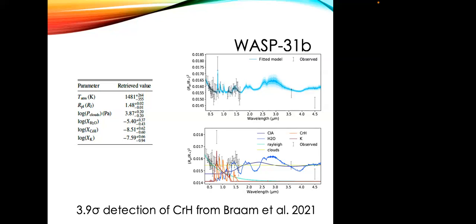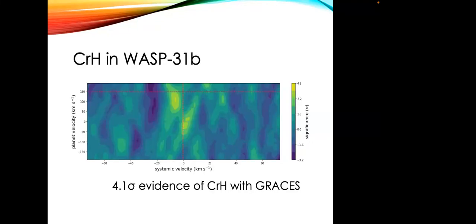And I searched for a lot of things because that is part of the pipeline, but one of them was chromium hydride, and we were able to get a 4.1 sigma detection of chromium hydride with GRACES, which I was very, very excited about. However, for high resolution data, we generally try to hit 5 sigma.